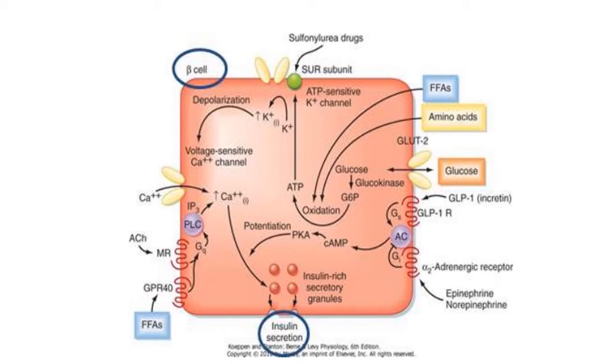So oral glucose is basically a good stimulus for the release of your insulin, and here is the mechanism of action. Similarly, the same is true with free fatty acids. Similarly, amino acids, all these cause release of insulin secretion. You can say it is basically a beta cell.